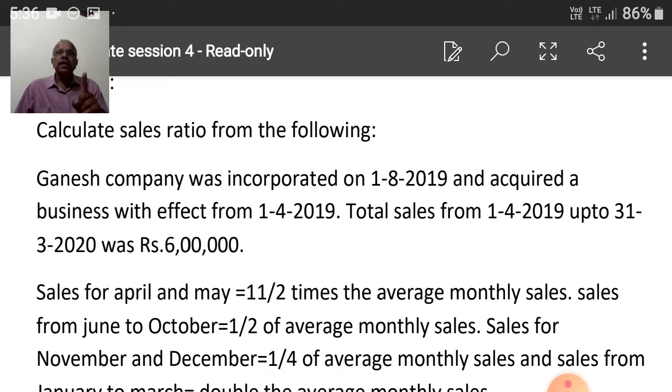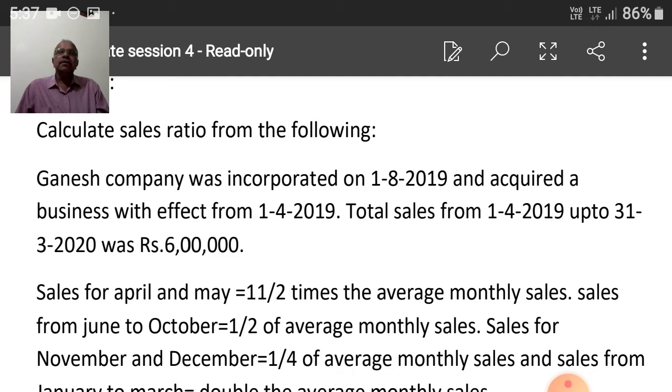The total sales of 12 months is rupees 6 lakh, and the dates are also given, for the pre-incorporation period and the post-incorporation period. Out of this, find out the sales ratio.